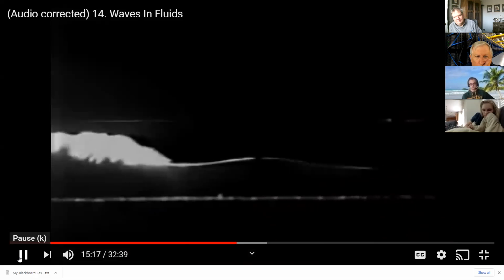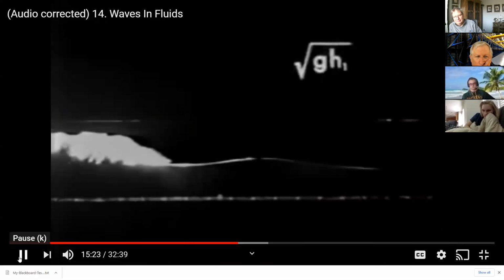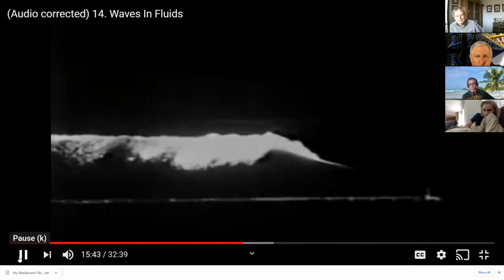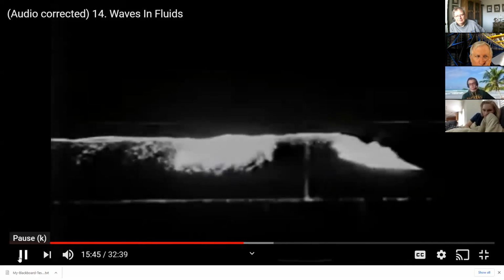Small amplitude waves ahead of the surge wave move at the speed square root of gH1 relative to the fluid. If you compare these expressions, you will see that this local wave speed is always less than the speed of the surge wave. Thus, the surge wave catches up to small amplitude waves ahead of it.